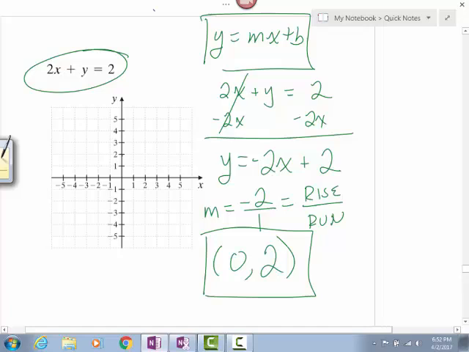So I'm going to go up to 2. Remember what we said? The first point is always going to fall on the y-axis. Now, since my slope is negative 2/1, I need to move down 2 spaces, 1, 2, and to the right 1 space. And I will connect my dots. There's my line, negative slope.